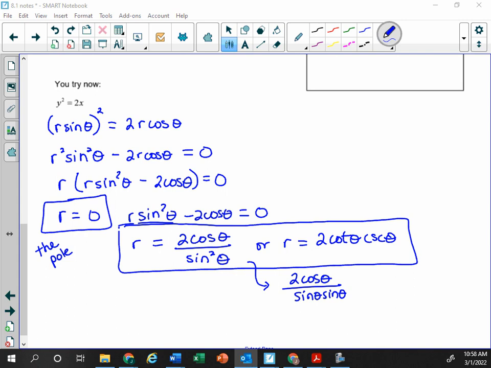Plug in actual cosine. I assume that's what she was. Let's do.